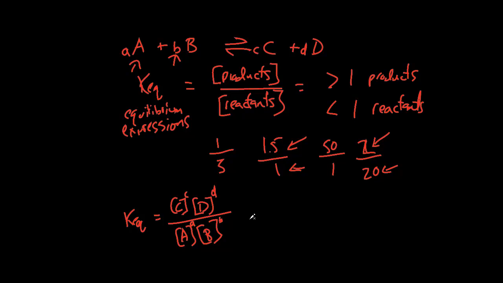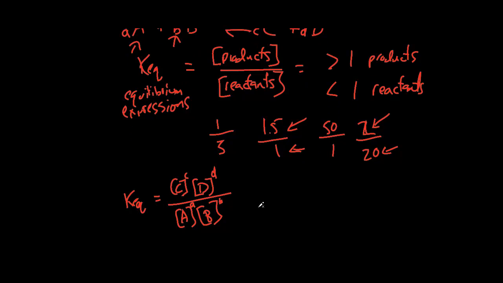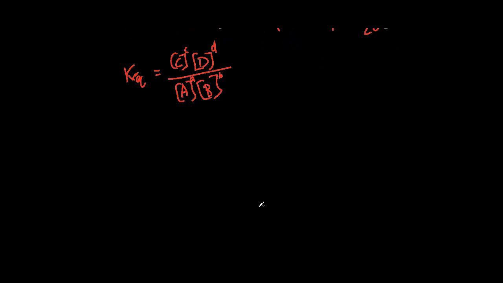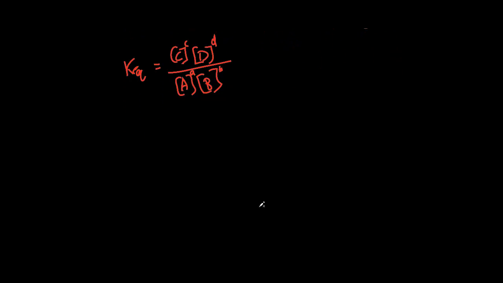So, using that example of the first reaction we wrote at the start of the video, the KEQ is going to be this. K, or equilibrium constant, equals the concentration of Cl2O5 times, well, I don't have another product there, I just have one, although I do need to raise it to the power of 2, because the coefficient was 2, right?